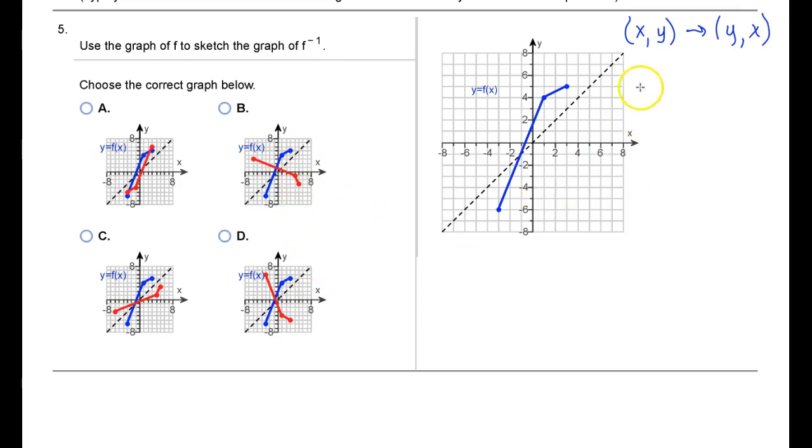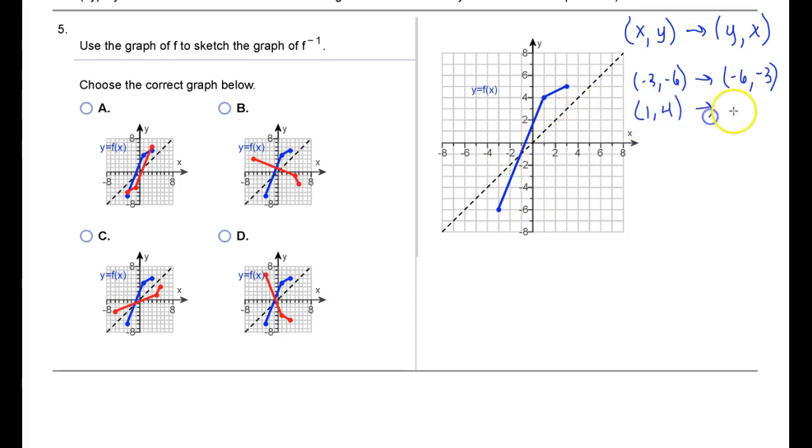So in this case, let's list all of the points that are given to us. So we have the point -3, -6. So that means for the inverse function, this will be -6, -3. We also have the point 1, 4 here.